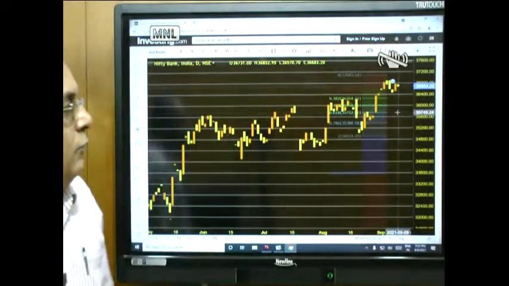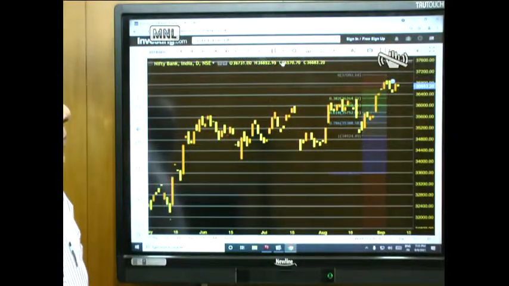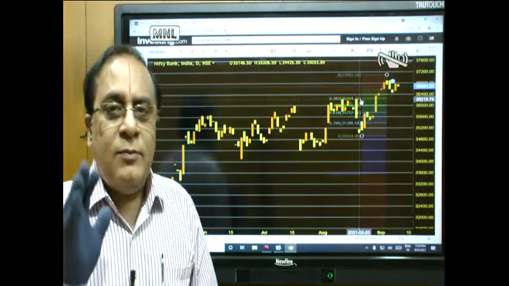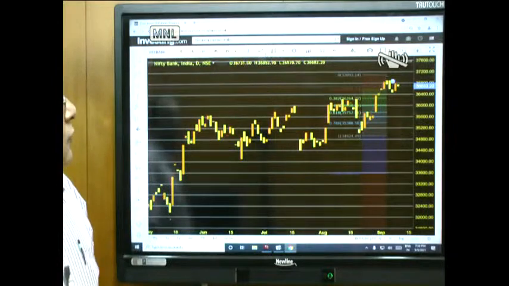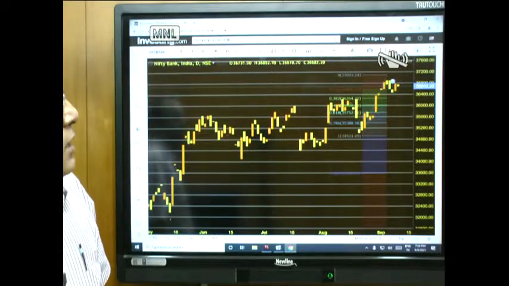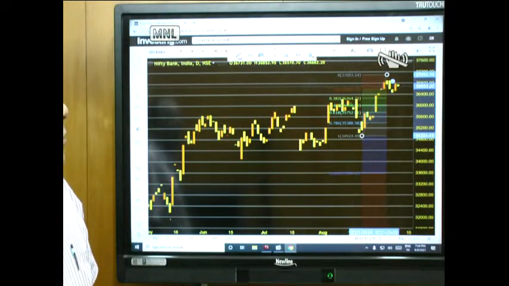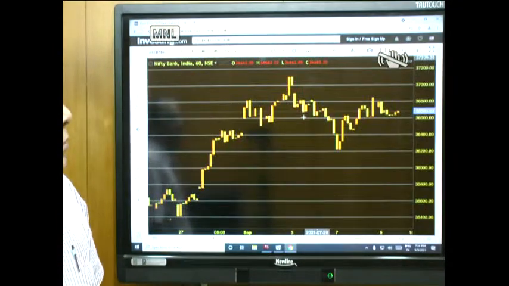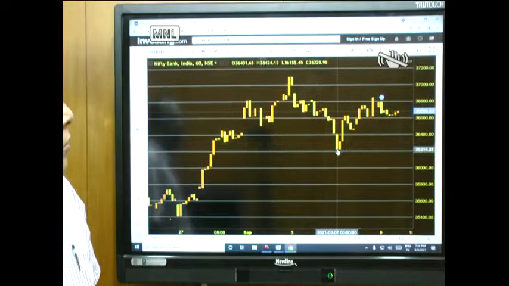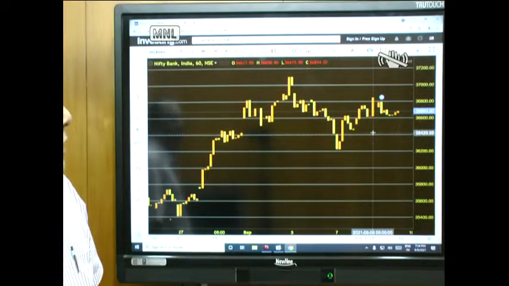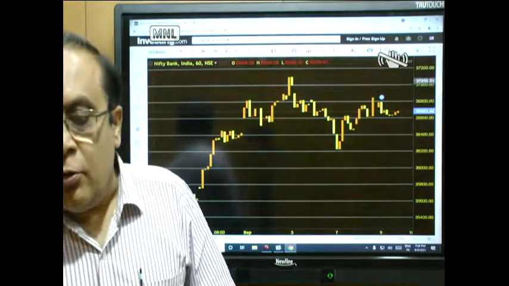Now, this low, 36,150, is going to be an important low. So what we will do now for trading is this: this is the low, and this is the recent high. So we will draw the Fibonacci for this.